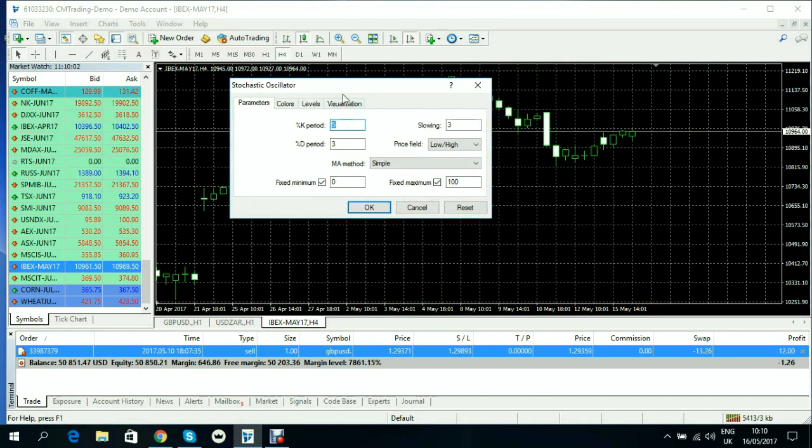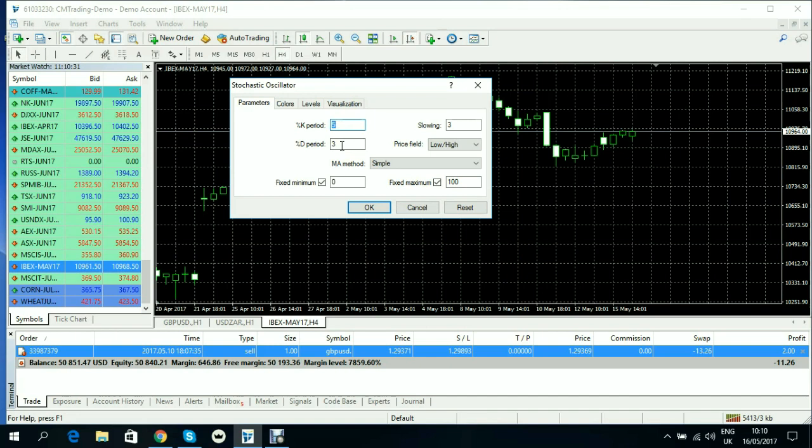So when you come here, this is the stochastic oscillator. The K period should be 5, the slowing 3, the D period 3, the price field low or high, the moving average method simple, and then the fixed minimum 0 and the fixed maximum 100.